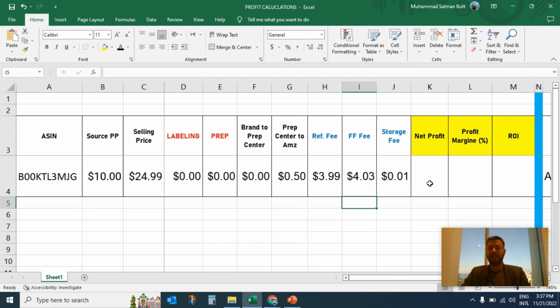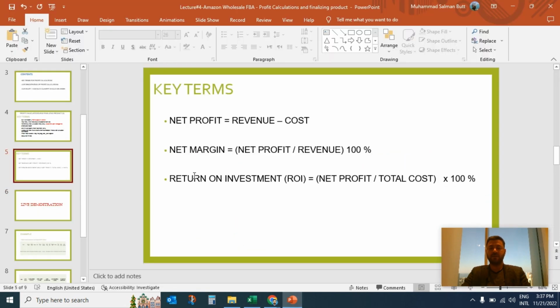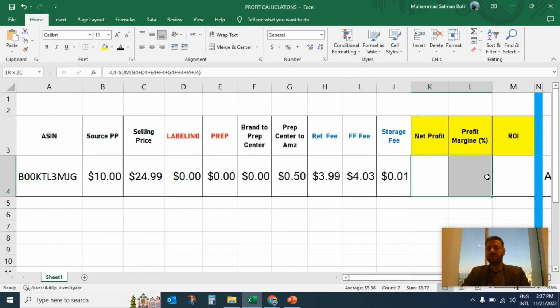Then I have to calculate net profit, profit margin and ROI. I before explained you its formulas, and I have inserted these formulas here, and you can see that its net profit is 6.46.